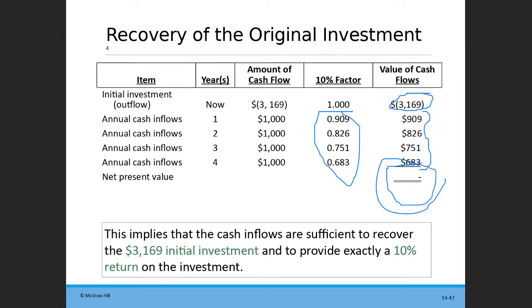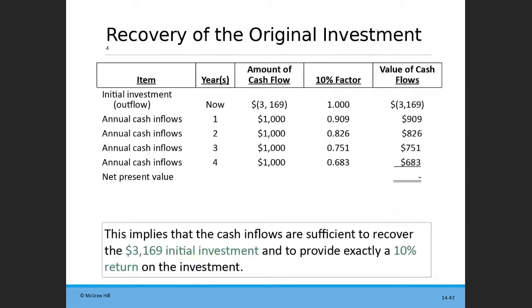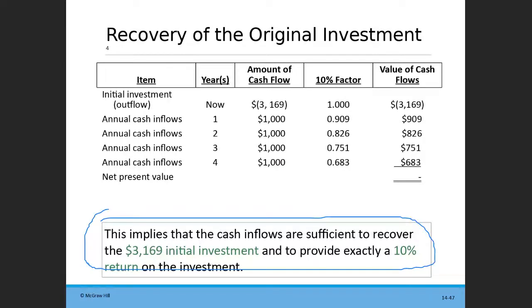When there's a 0 NPV, we do it because the return is exactly equal to our required rate of return, right? So that means we're going to get our capital back, our 3,169 plus 10%. So we would want to actually do this, right? This implies the cash flows are sufficient to recover 3,169 plus 10%. So we do it. This is great.